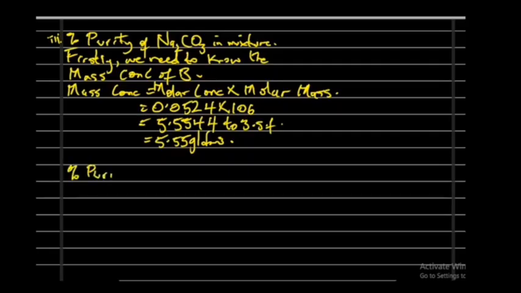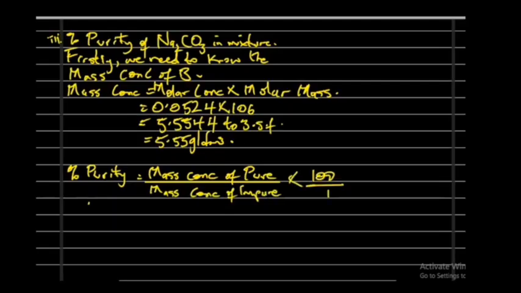So percentage purity equals, we have mass concentration of pure substance over mass concentration of impure substance multiplied by 100 over 1. The impure is 4 divided by 500 multiplied by 1000 over 1. So this is giving us 8 grams per dm cube.